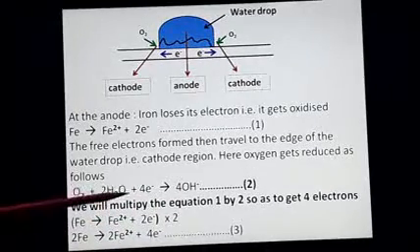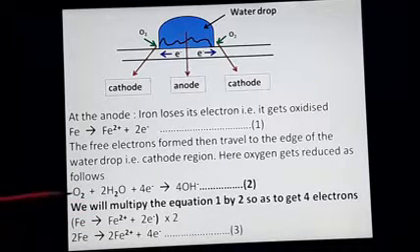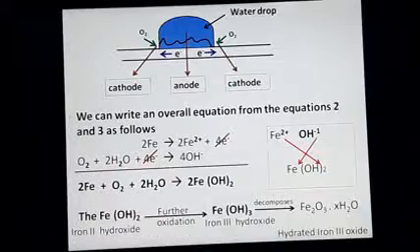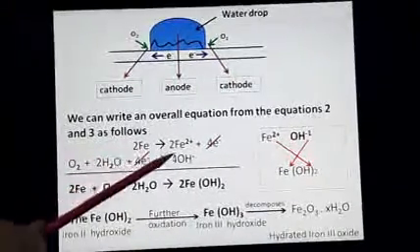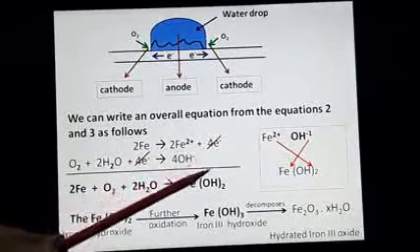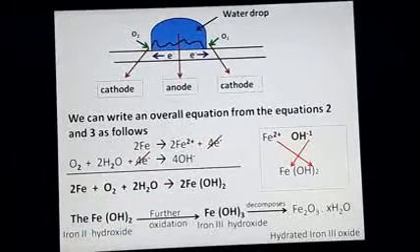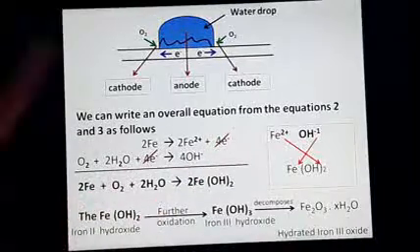Now let us combine the second and the third equation. I am writing both these equations on the next slide, and therefore we can get an overall reaction. The first reaction was 2Fe gives 2Fe2+ plus 4 electrons, and the second equation was this. The 4 electrons on the left and right will cancel out each other.